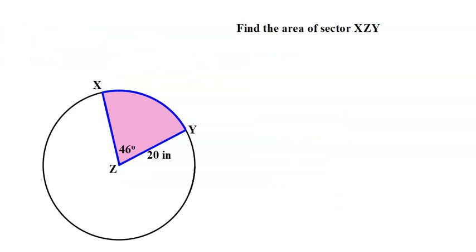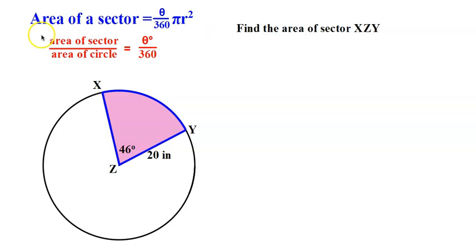Let's take a look at a couple of examples. We want to find the area of sector XZY. We had two formulas, so let's put those right there. Which formula are we going to use? It did not tell me the area of the circle, but it did give me the radius.